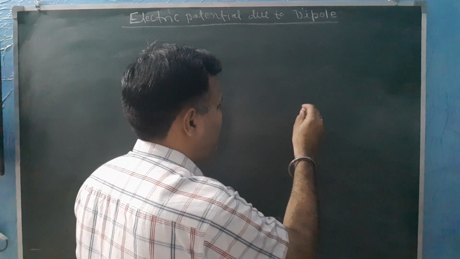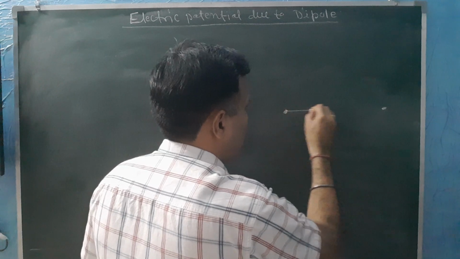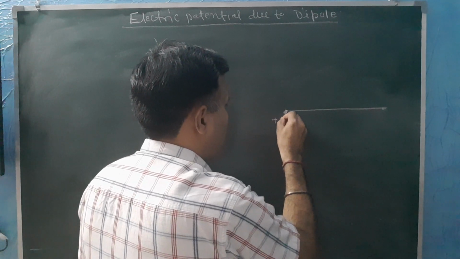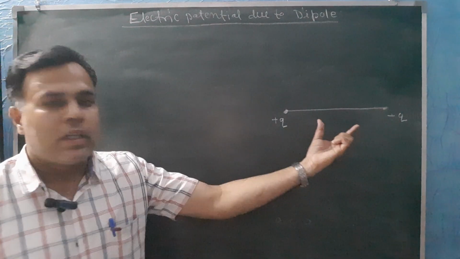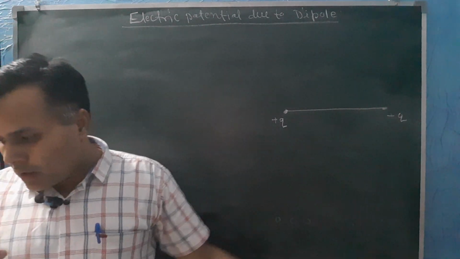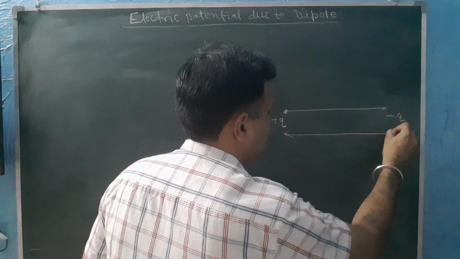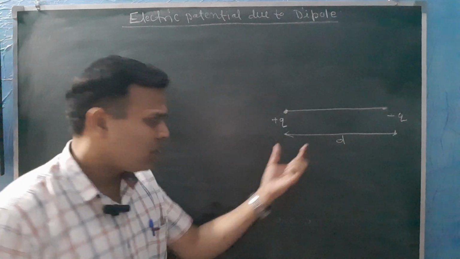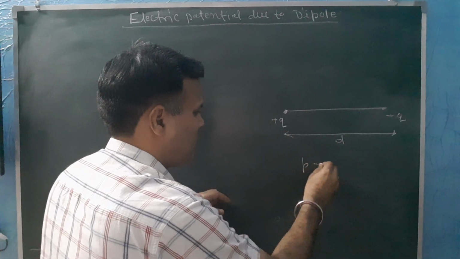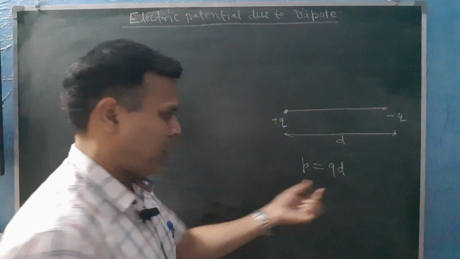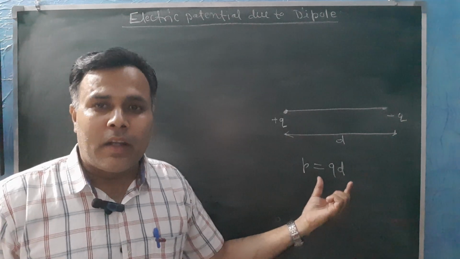So, we have two point charges: a plus q charge and a minus q charge, separated by a certain distance. Let's say this distance is d. So we know the dipole moment in this case is defined by q into d, the charge and the separation distance. So this is the definition of a dipole.